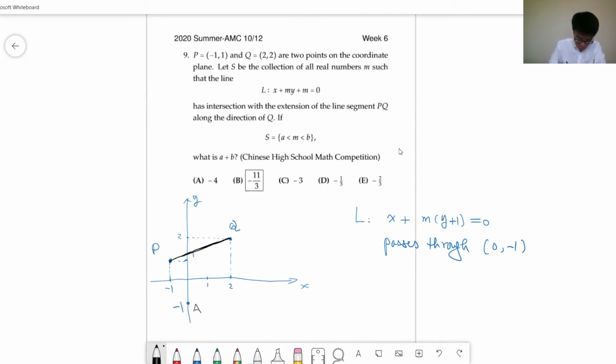We want to see what the range of M is such that this line intersects the extension of the line segment PQ along the direction of Q. So we have an intersection of the line with this red part.